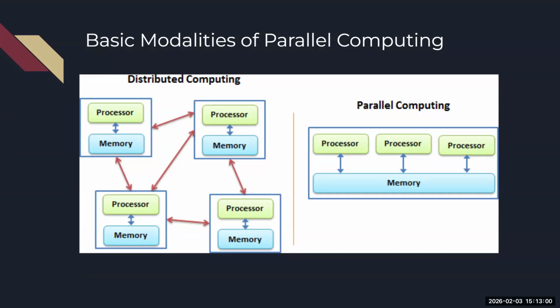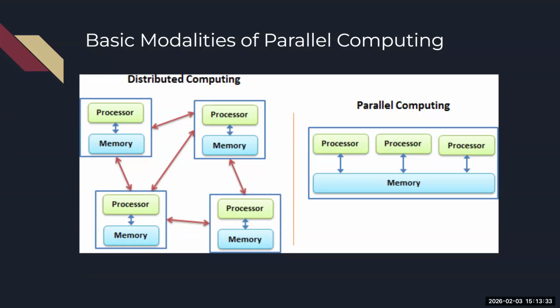Just to drive this point home a little bit more, here is another graphic of the difference between distributed and parallel computing. Multi-core computing is sometimes called parallel computing. This is one of these unfortunate things with computers where there are a million different terms that all mean the same thing. Multi-core computing is often called parallel computing, or multi-thread computing.